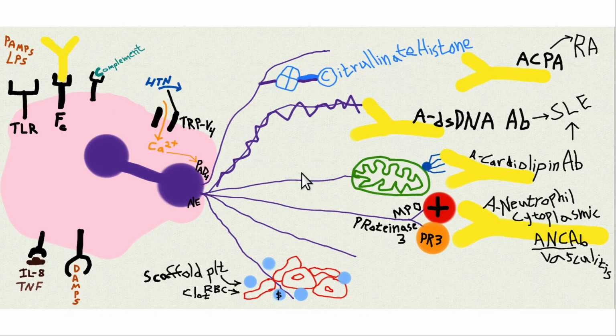Oh, and then this is the last slide, and I was just showing you that this is sort of a much more detailed picture. This is showing that the neutrophil is activated and it'll have NETosis triggered by its toll-like receptor, TLR, binding to PAMPs, pathogen-associated molecular patterns, or LPS, the gram-negative endotoxin from the bacteria, or to antibodies that are bound to something else, immune complex-mediated activation of the neutrophil, complement activation of the neutrophil, hypertension activation of the TRPV4 calcium channels, which activate the neutrophil, DAMPs, damage-associated molecular patterns, debris can activate it in some settings.